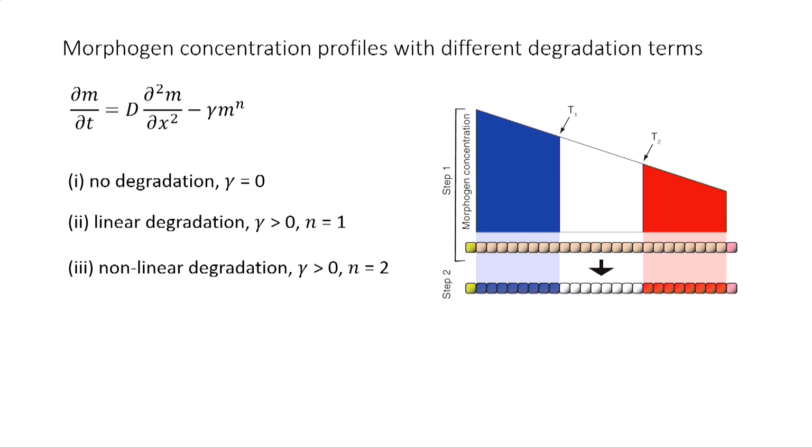Close, but no. That you can get. If I'm not mistaken, you would get constant degradation, that would not depend, and then you would get some x squared.